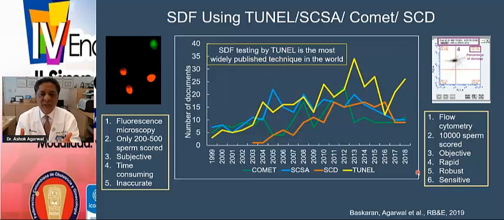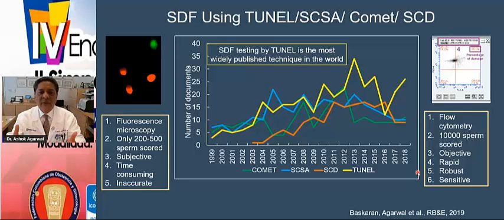So you can use fluorescence microscopy, where only 200 to 500 sperm are scored. It's subjective, it's time consuming. Or we can use flow cytometry, for example, for TUNEL and SCSA. And that counts 10,000 sperm. And it is highly objective, it is fast, robust, and very sensitive.